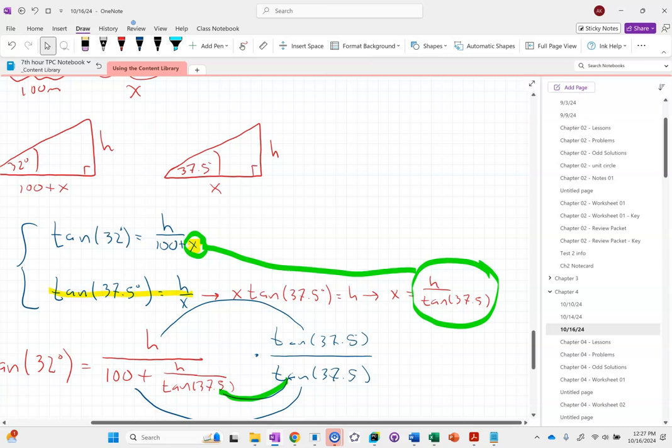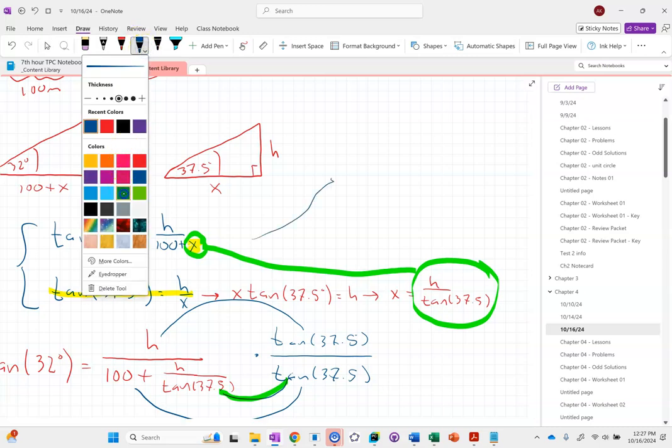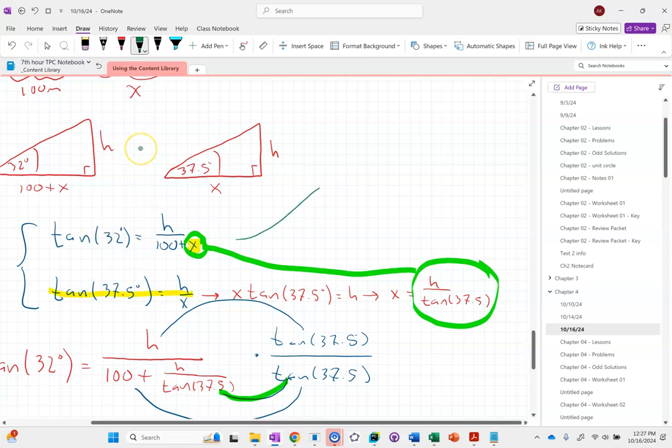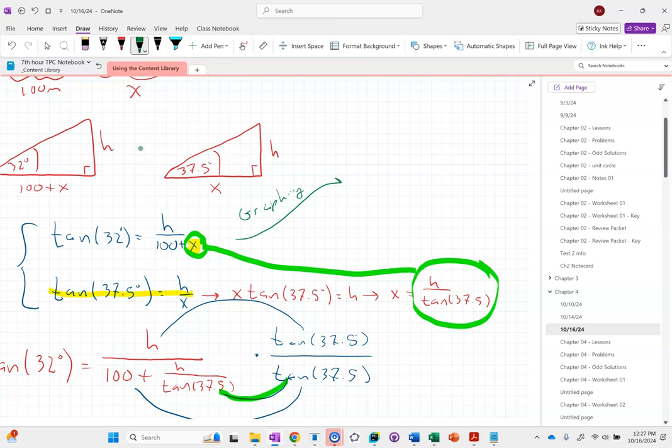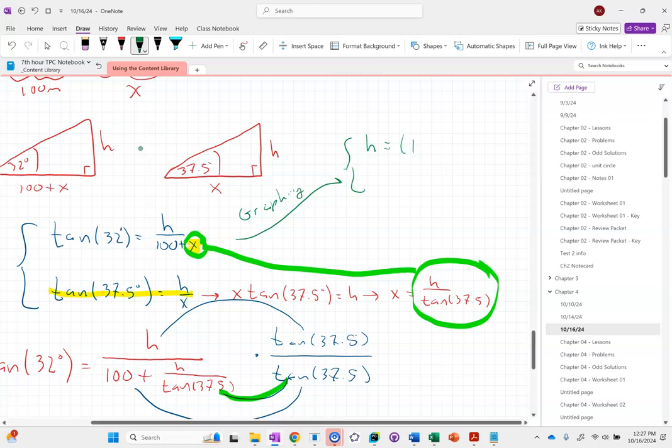So, if I want to go the graphing route, let's use a different color. I want to get one variable by itself in both equations. If I look at the two equations, h seems like the easier variable to isolate. Do you agree with that? In the first equation, I'll just multiply both sides by 100 plus x.